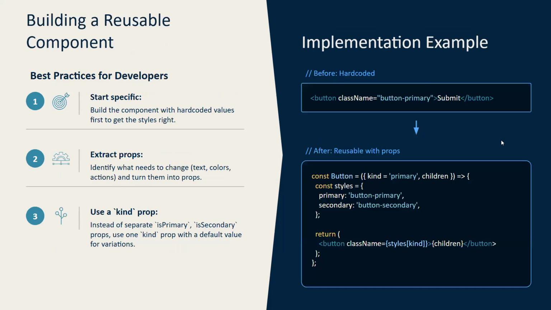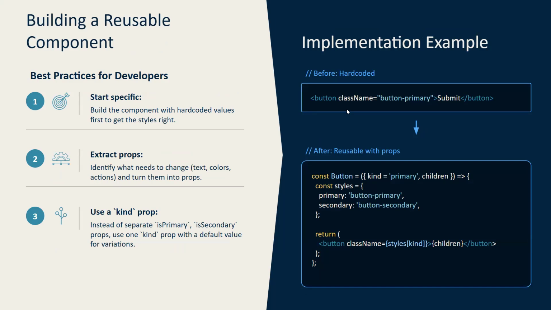So this was the reusable button component that I was talking about. In this case, instead of hard coding the button label, we could place it inside the children prop.